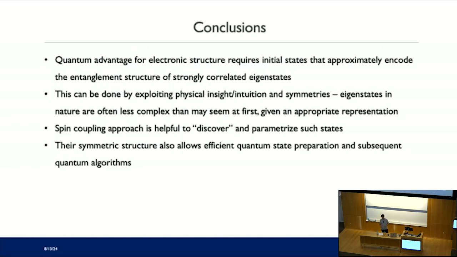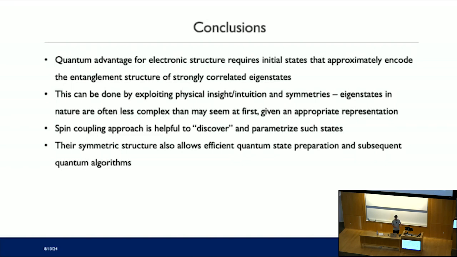And this is just leveraging the fact that eigenstates in nature are often highly symmetric, and they might look very complicated because their expansions might be exponentially scaling, but actually there's not that much information in them. And the spin coupling approach is one particular way of discovering these states and then parameterizing them on quantum devices.